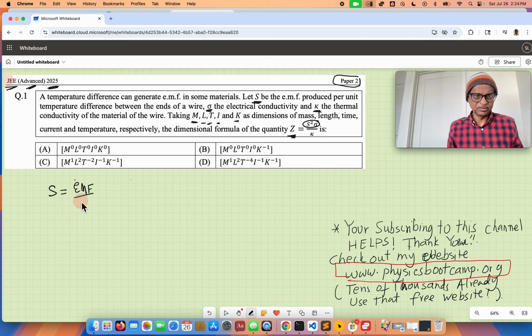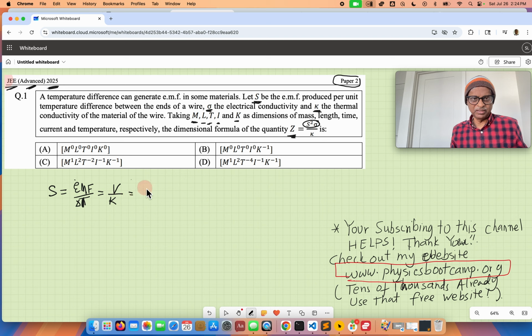EMF is just voltage, and temperature difference is just K. All right, so voltage is none of the fundamental units that are given for us, so we need to convert that.